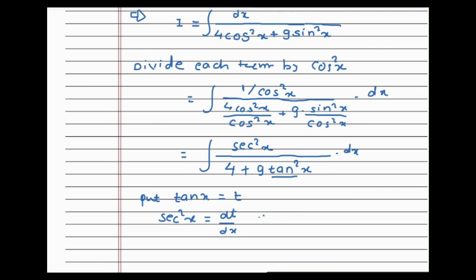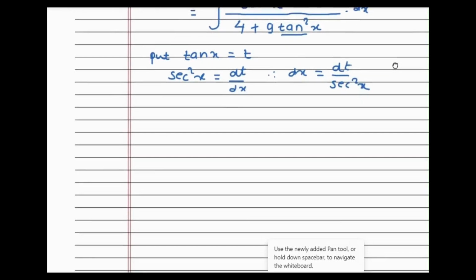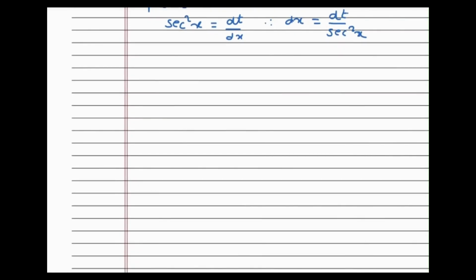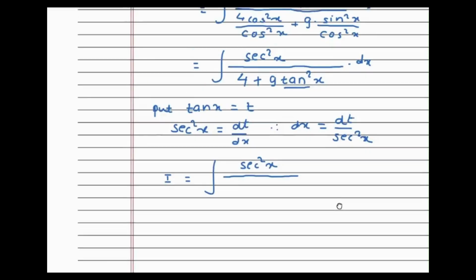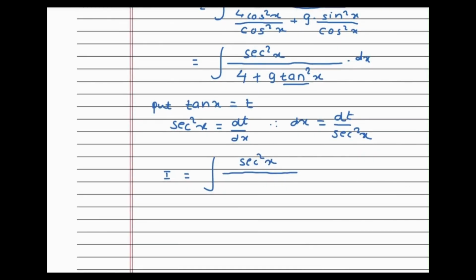And if we take dx on the left side, the value of dx will be dt upon sec square x. If we take sec square x to the right hand side, it goes into the denominator. Now after these two values, the new integral will be in terms of t only. So the new integral will be formed like this: I is equal to, the numerator is sec square x, in the denominator we have 4 plus 9 t square, and the value of dx I have found is dt upon sec square x.